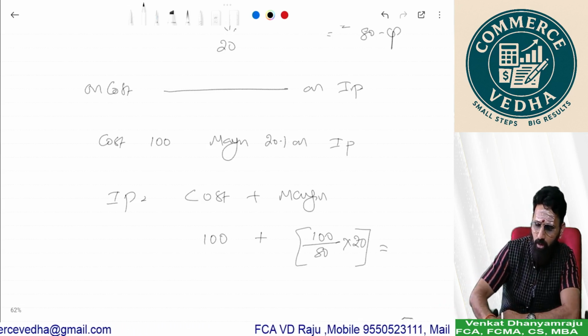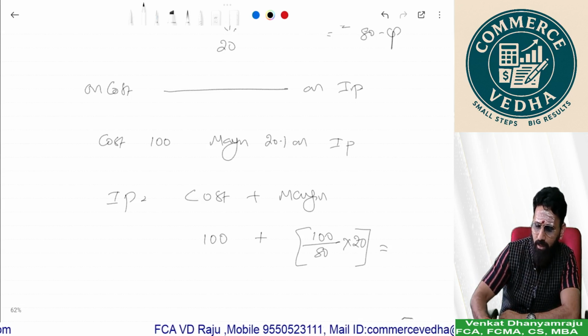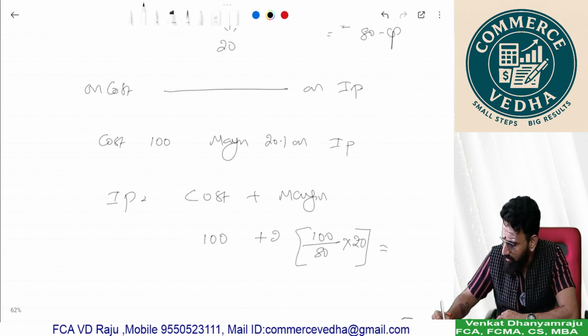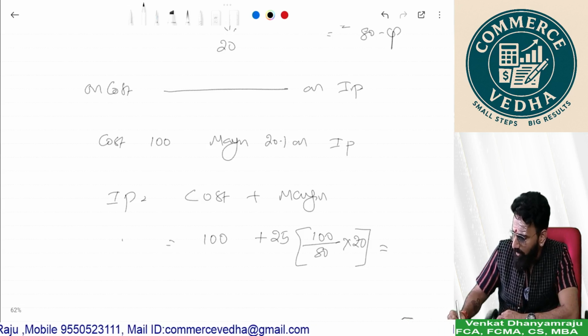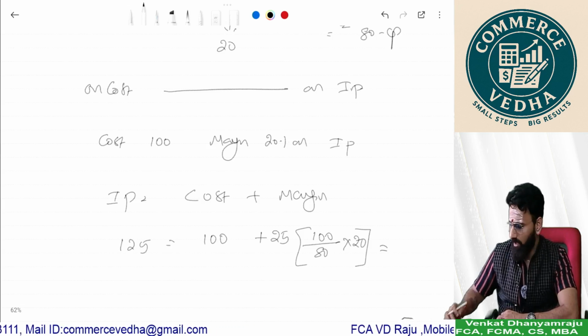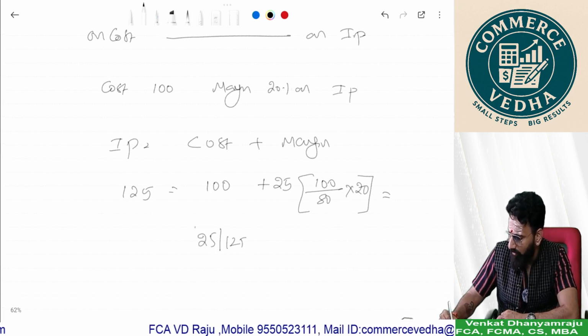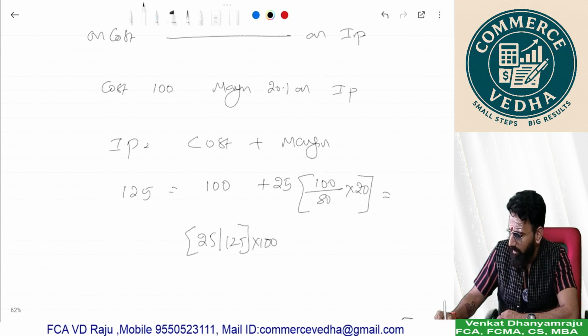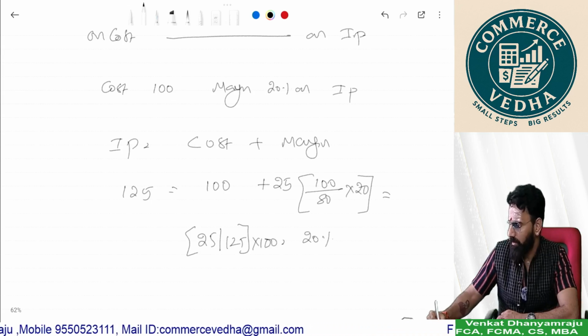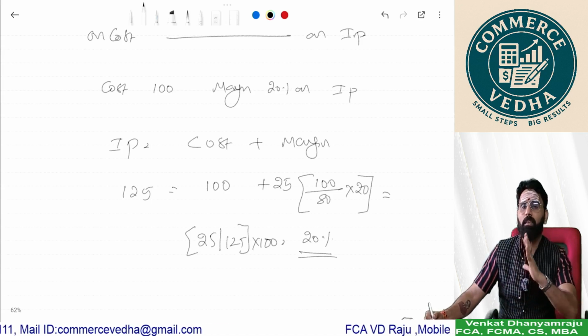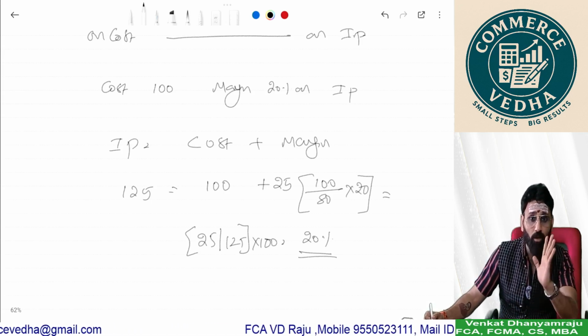So if I do 100 by 80 into 20, I get my margin as 25 and my invoice price is 125. You can cross check margin 25 on 125, which is 20%.